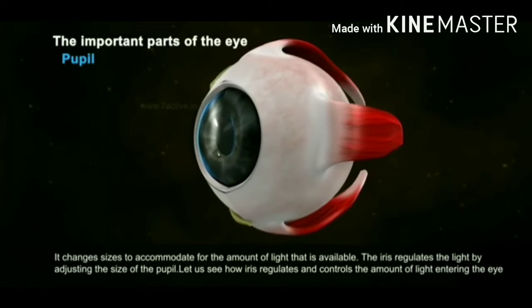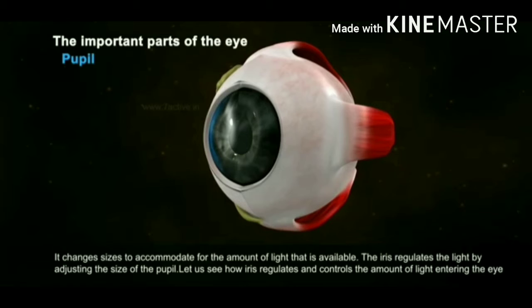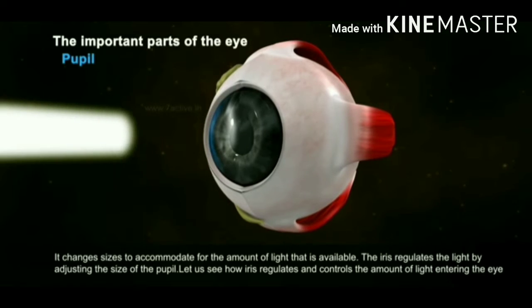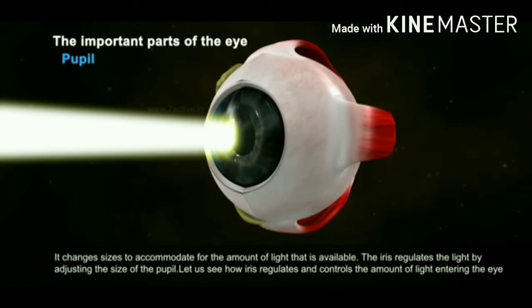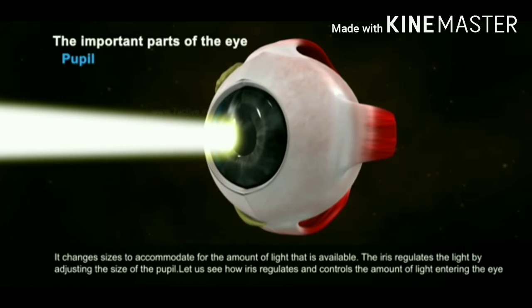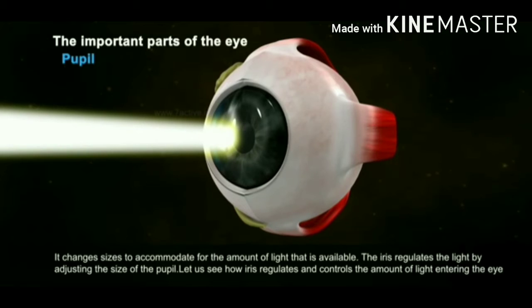It changes size to accommodate the amount of light that is available. The iris regulates the light by adjusting the size of the pupil. Let us see how the iris regulates and controls the amount of light entering the eye.